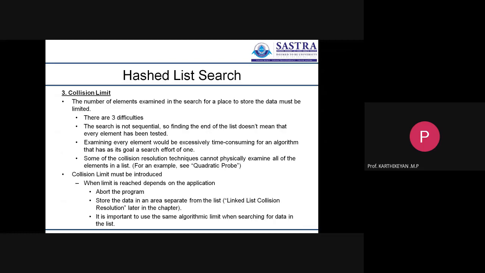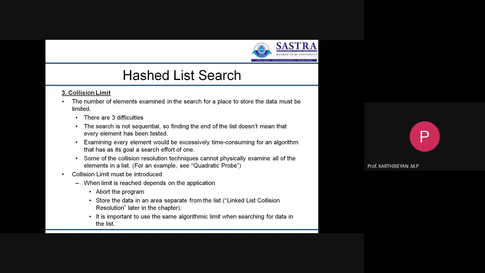Suppose the collision limit is reached. What do we need to do? Based on the application's importance, if the application is not that important, we can abort and reload the data. This is one way, but the most preferable way is to store the data in a separate list.